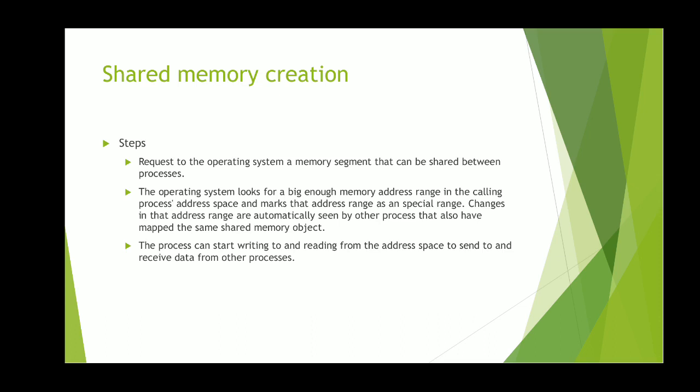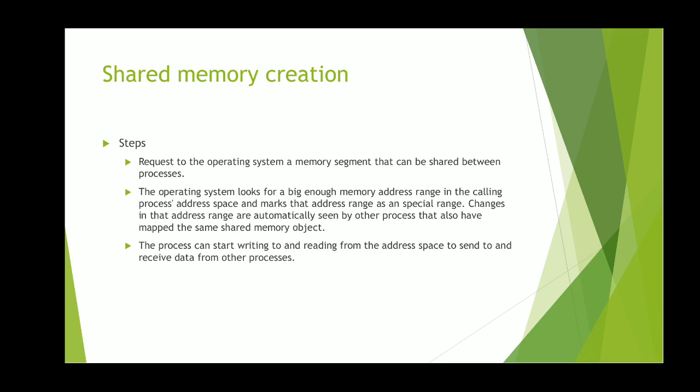So each process can start communicating with each other using this shared memory segment. The process can start writing to and reading from the address space to send and receive data from other processes, attaining communication between two processes.